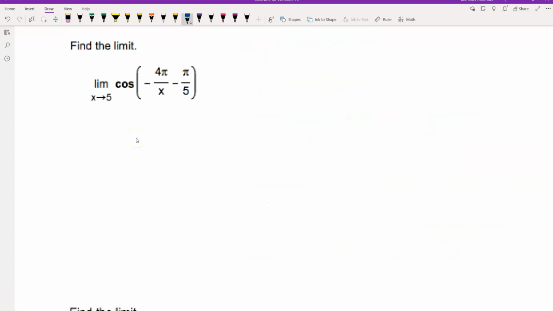Find the limit of cosine of (negative 4 pi divided by x, minus pi divided by 5) as x approaches 5. Here on this part we have a composite function.